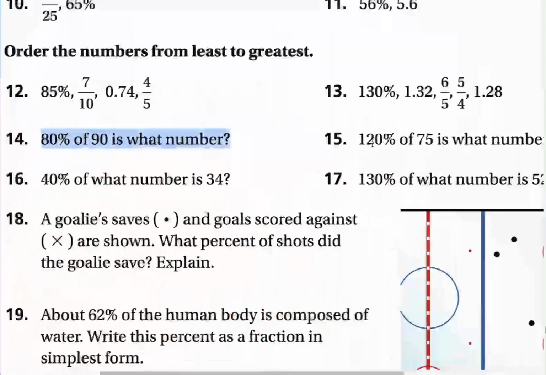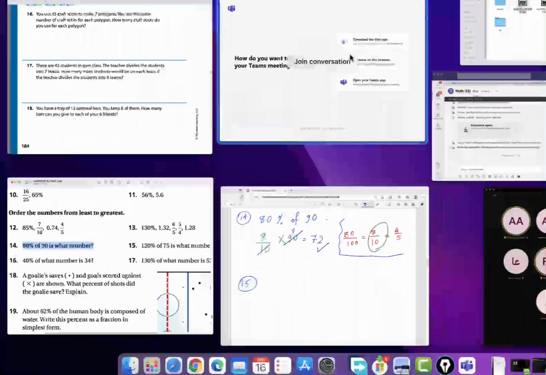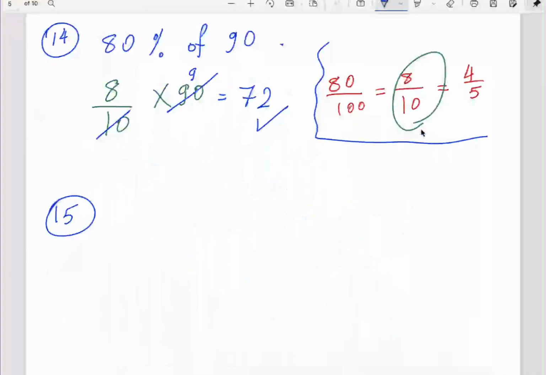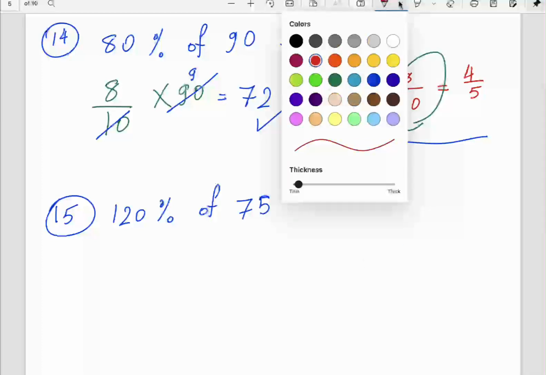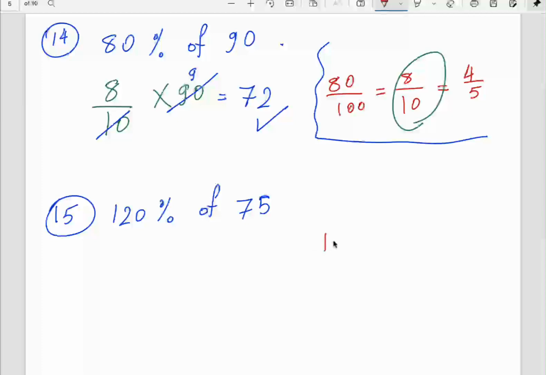The question is 120% of 75. Okay, let's write 120% as a fraction. How many multiply? I think 2. Remove the 0.